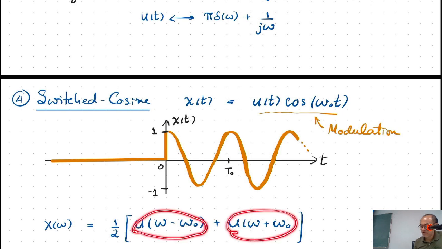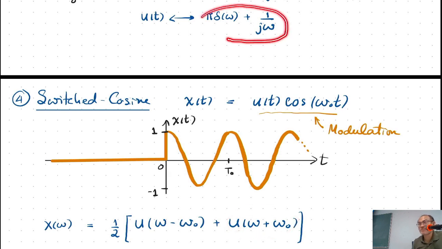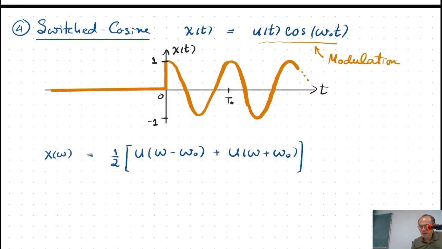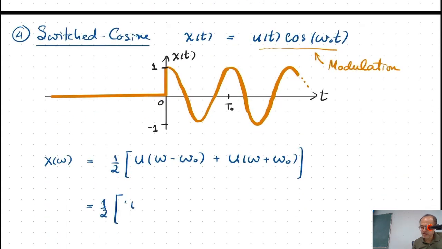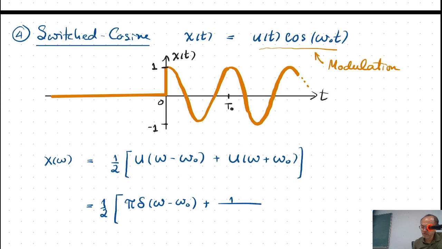And for this one, we replace omega here with omega plus omega 0 and plug it in here. So I'm going to have 1/2 of pi delta omega minus omega 0, and plus 1 over j omega minus omega 0, and this is this guy.